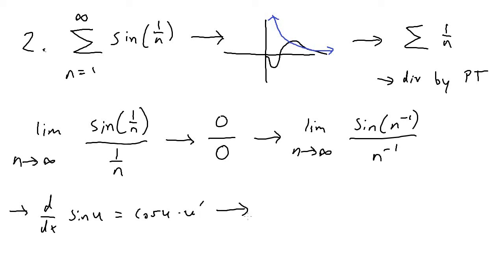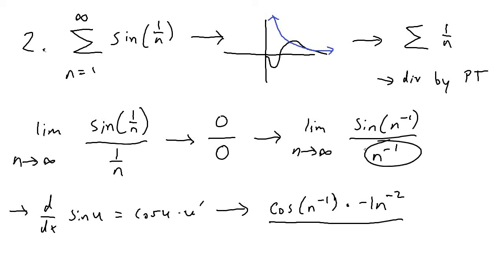So the derivative of sine of n to the negative first is going to be cosine of n to the negative first times the derivative of the inside function. And the derivative of n to the negative first, we can just use the power rule, where we bring the power down and subtract the power by 1. So we have negative 1 times n to the negative second power, divided by the derivative of the bottom, the derivative of n to the negative first. We just did that. It's going to be negative 1 n to the negative second.